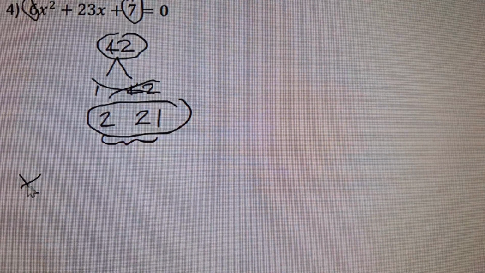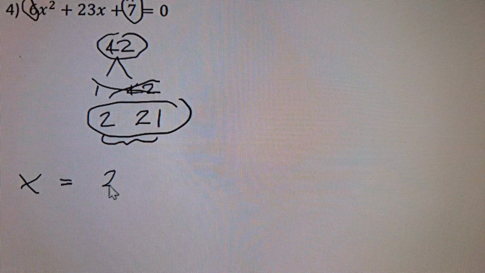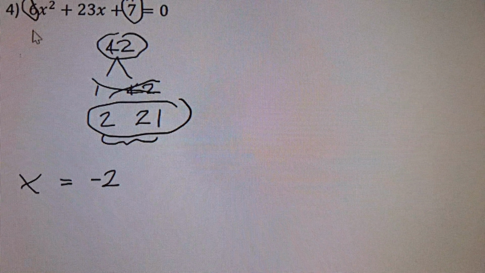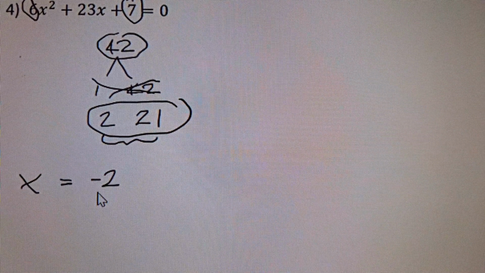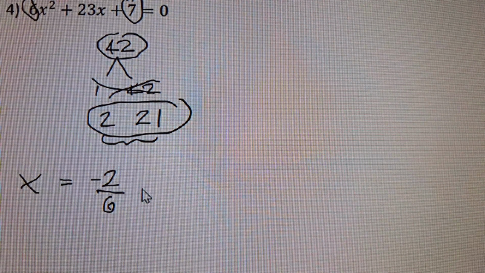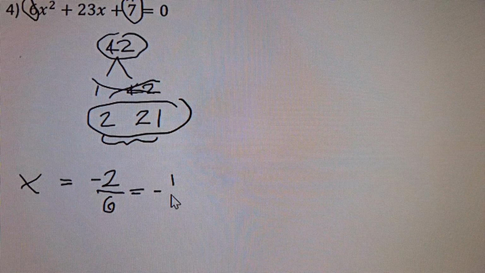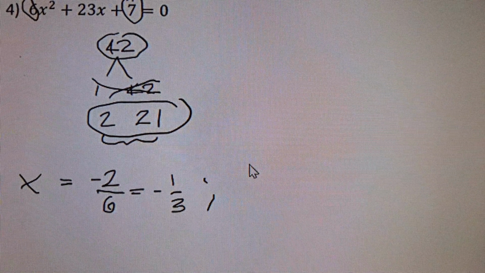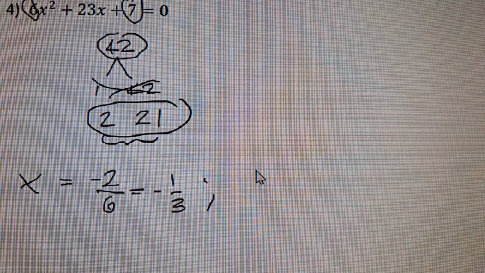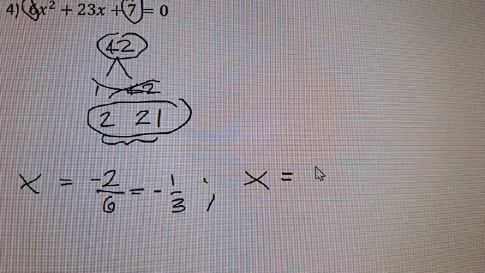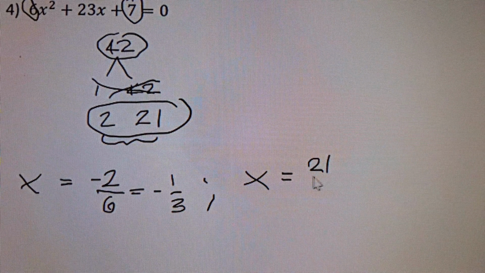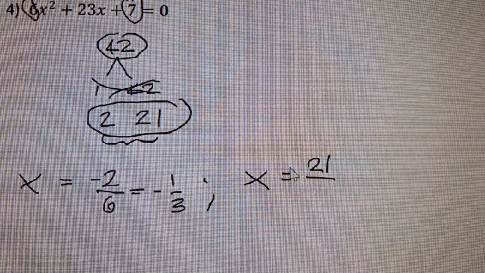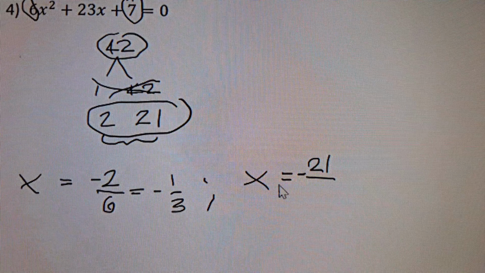So x is equal to 2. It's positive, so it turns out to be negative. And we divide by the leading coefficient, which is 6, which is going to be equal to minus 1/3. The next solution is going to be x equal to 21. And we divide it by, it's positive, so it's going to be negative.